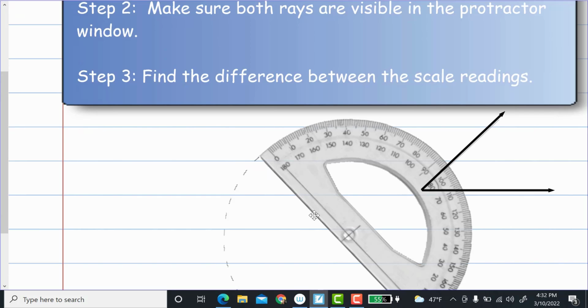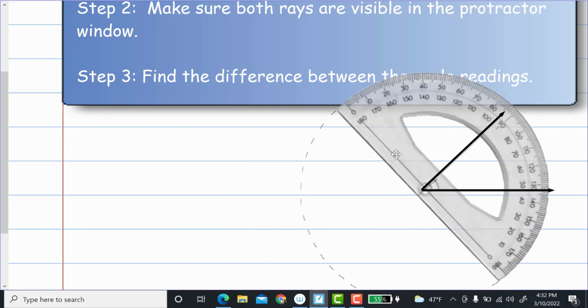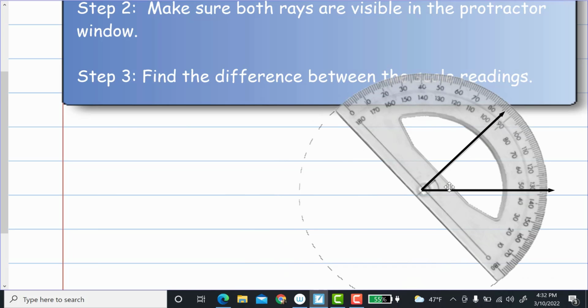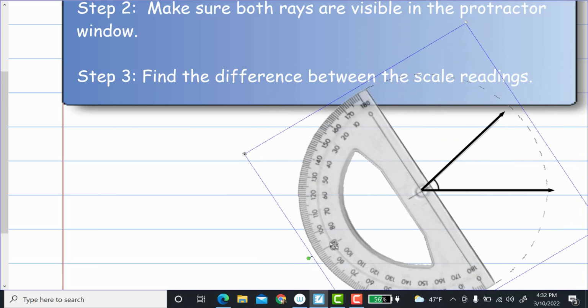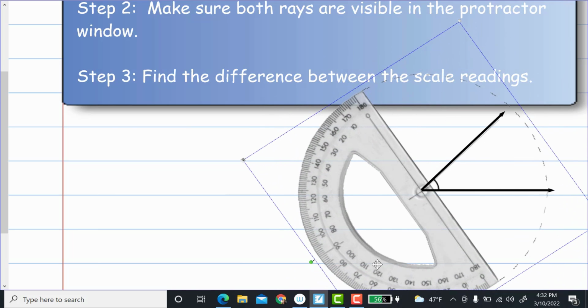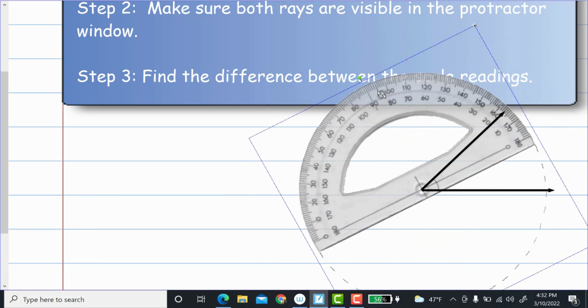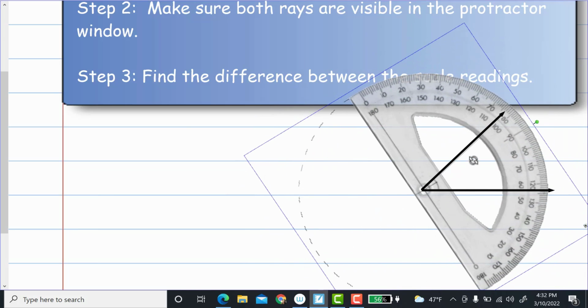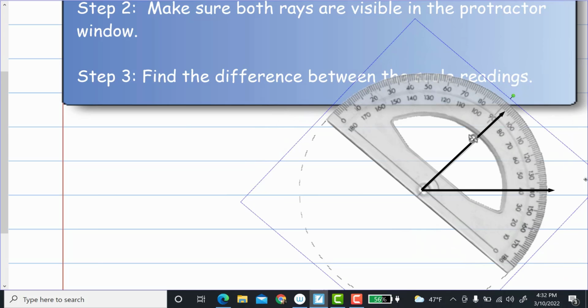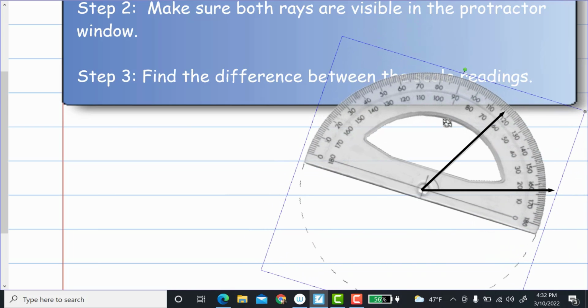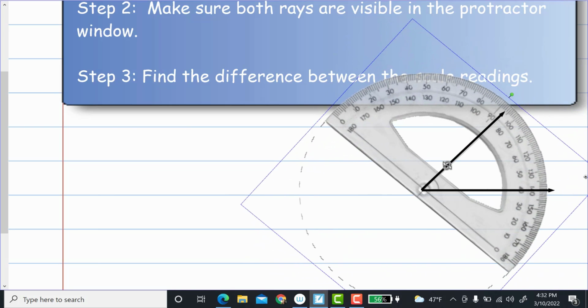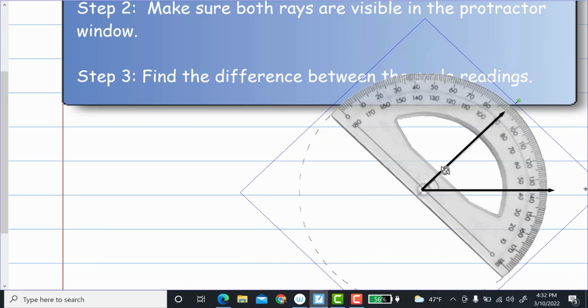So I'm going to place it on the vertex here, and both of the rays are still visible in the window. I don't want to have it on the vertex and looking like this, with nothing in the window. So make sure it's this way on the vertex. As long as they're in there somewhere, okay?